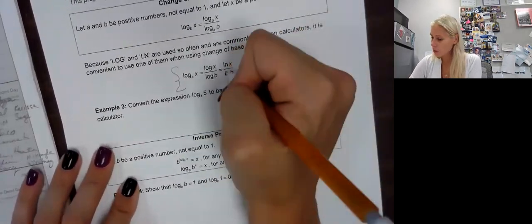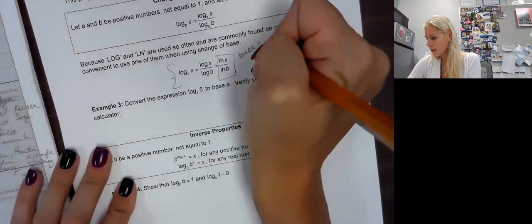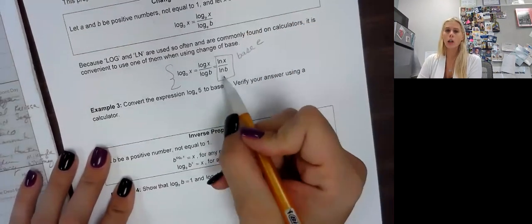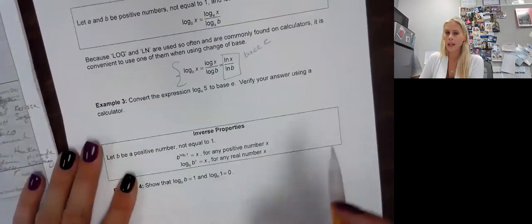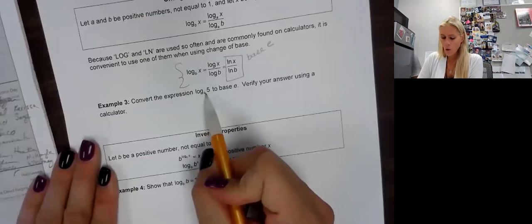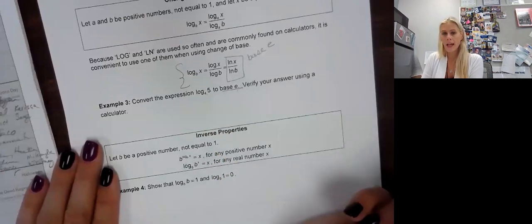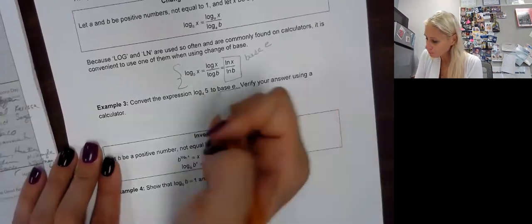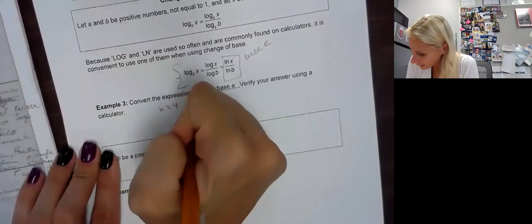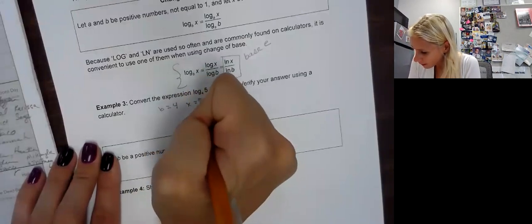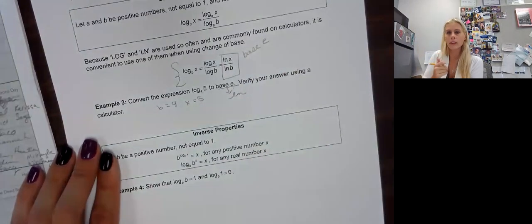The other thing we can do is if we want it in base e, we can say ln x all over ln b, and now we can do it in our calculator. Okay, so let's do this together. We have log base 4 of 5, and we want it in base e. Since we're doing it in base e, we're going to use ln and not log, okay? So if you remember, our b is 4 and our x value is 5. Since we're in base e, we're using the ln's. I'm just writing that down as a reminder.